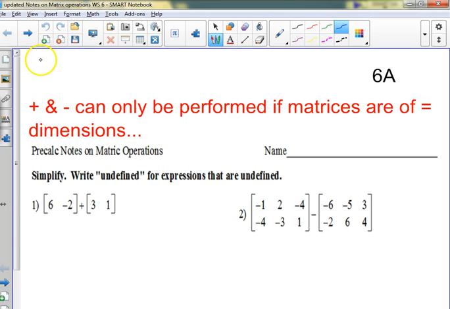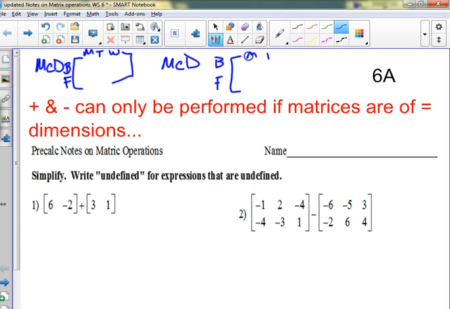For example, if you owned the McDonald's on 173 and North 2nd, and then you owned a McDonald's in Belvedere, and you had an inventory where you took the buns and the fries, and how many you used Monday, Tuesday, Wednesday at this one, and you did the buns and the fries Monday, Tuesday, Wednesday at this one.